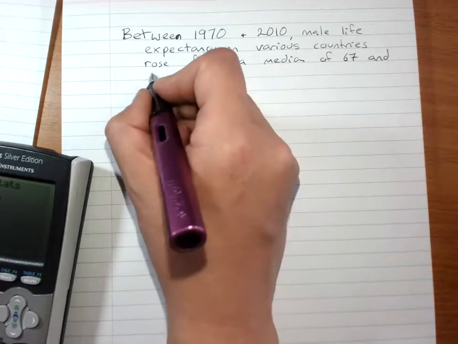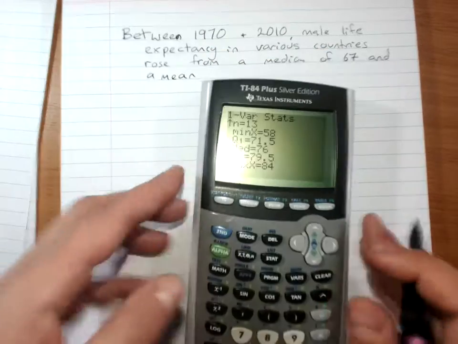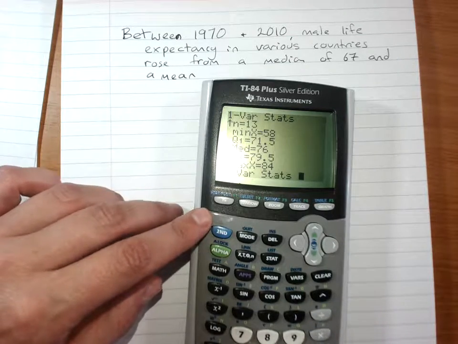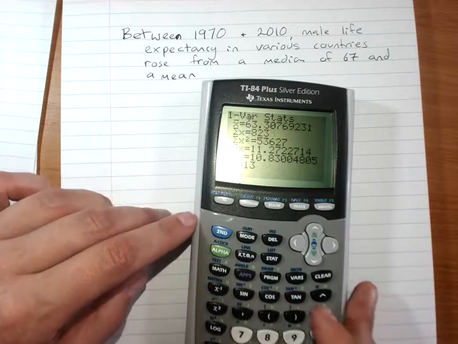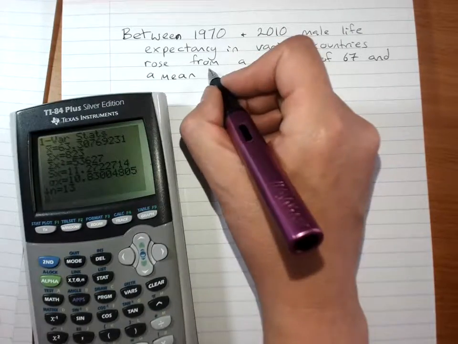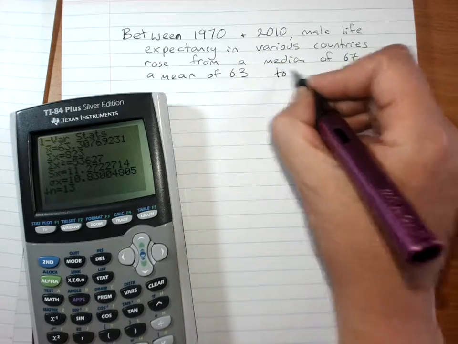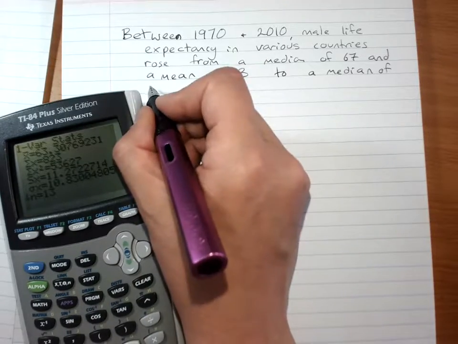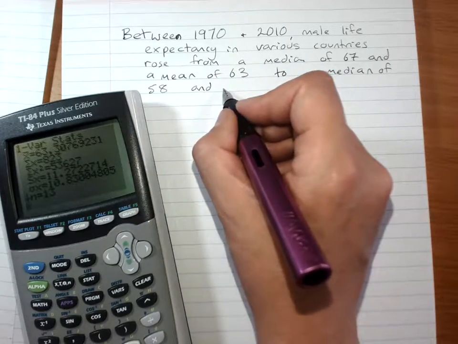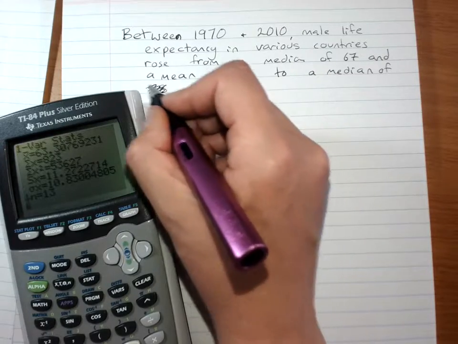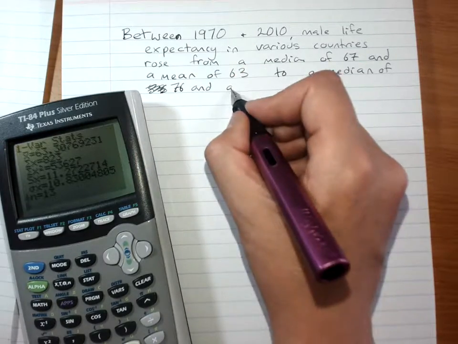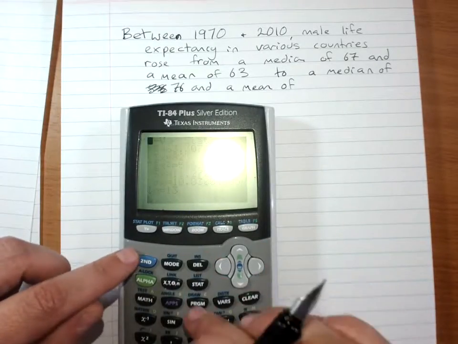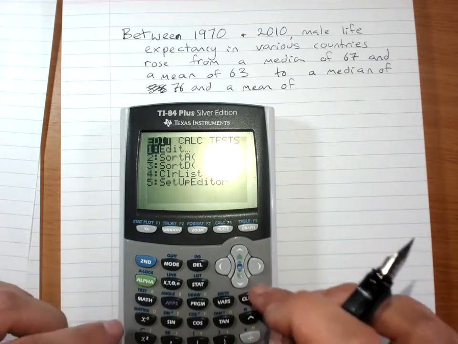67 and a mean, go back, get your mean, stat calc, one variable stats, I want L1. My mean was 63, to a median of, whoops, not 58, 76, and a mean of, and we get the mean again from our 2010 data.